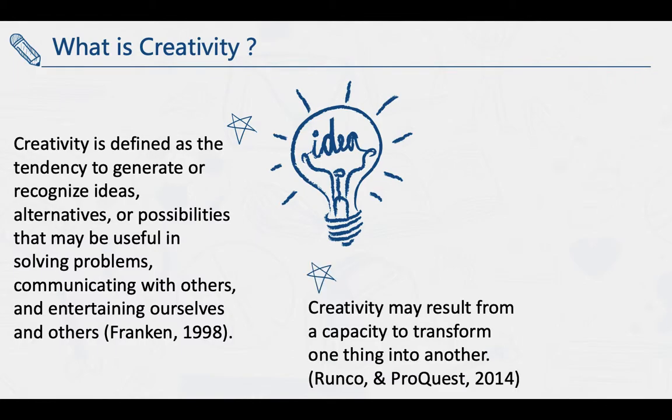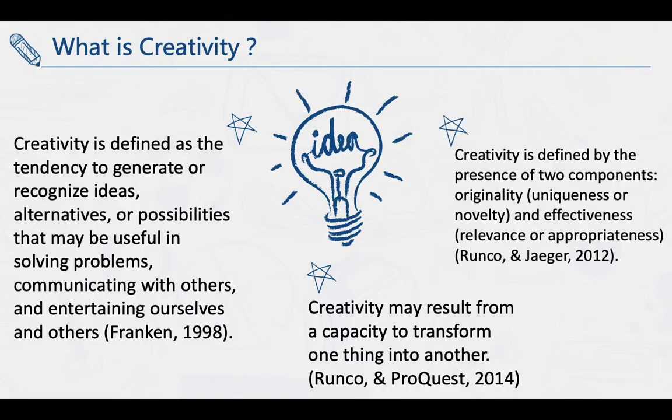And for Rankin and Progress, they say creativity may result from the capacity to transform one thing into others. Maybe we can invent something different. And from Rankin and Jagers, they say creativity is defined by the presence of two components. The first one is originality, and the second one is effectiveness.